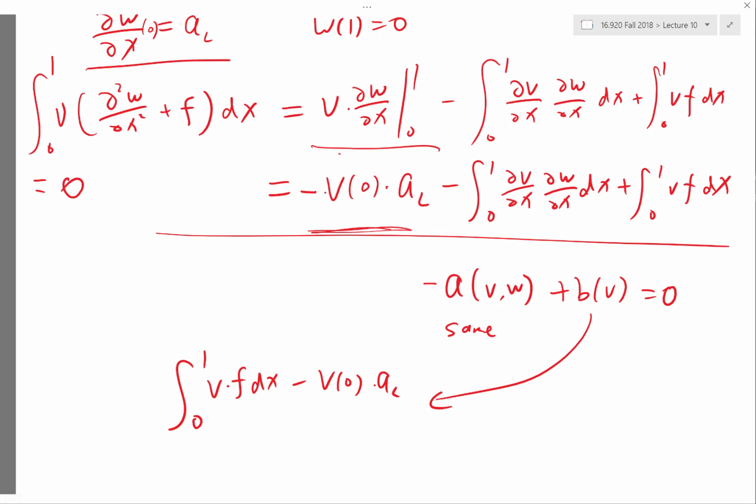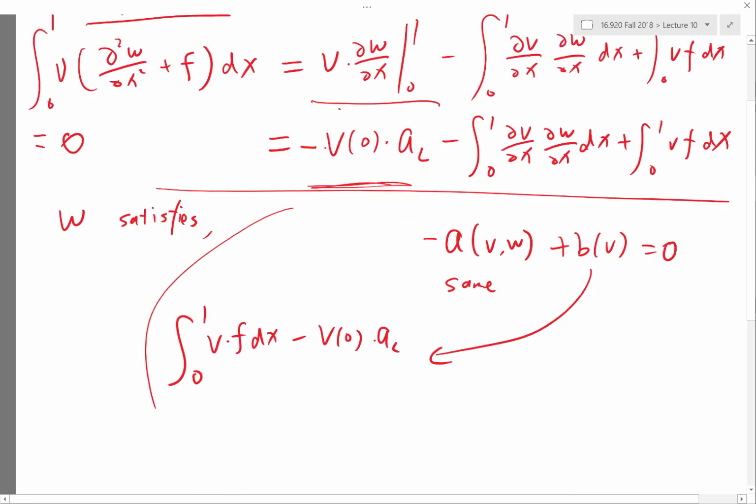Okay. So the linear form is going to be changed by the boundary condition. And this weak form is: W satisfies this linear form, right?